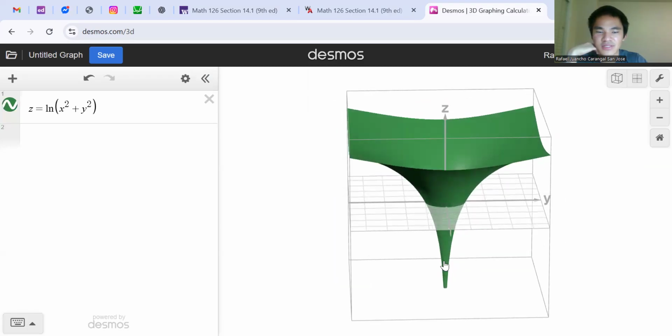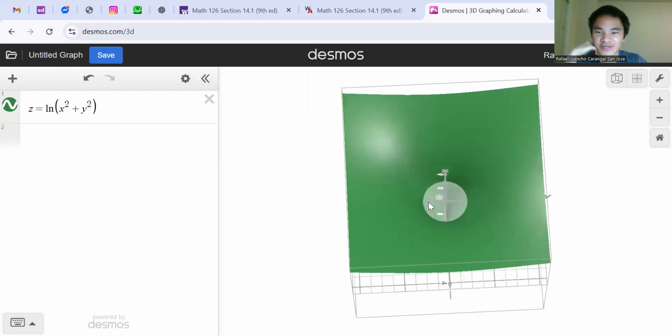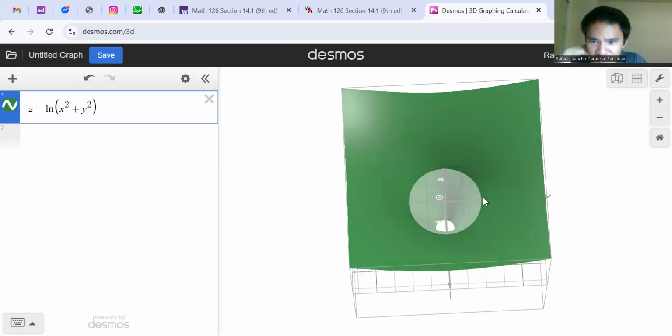That thing that looks like a logarithmic function. And then if I take out my z, so on the xy, well, I basically get x squared plus y squared equals 1. I get a unit circle. So this one has a radius of 1.